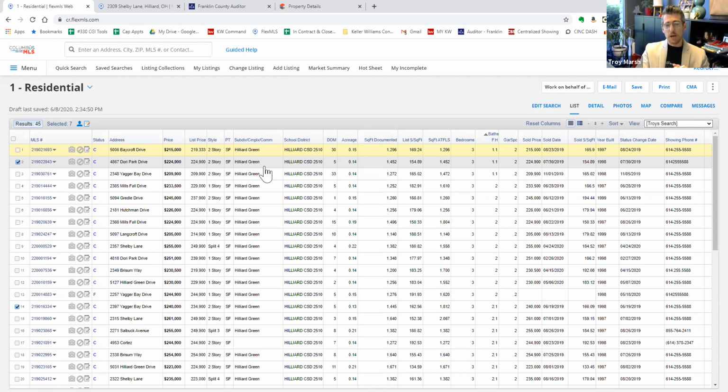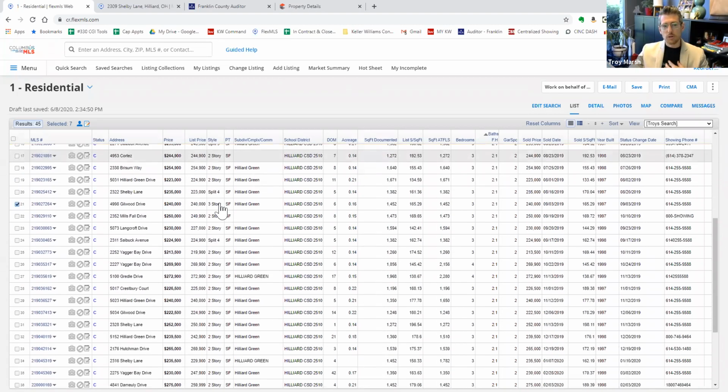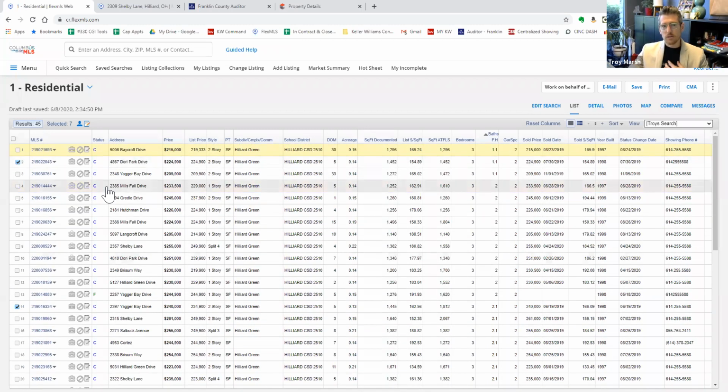Now, in terms of the presentation, and I'm somewhat old school, I would probably narrow this down to 5 of the most comparable properties. And then the other thing that I would do is print off what we call a 1-line CMA.